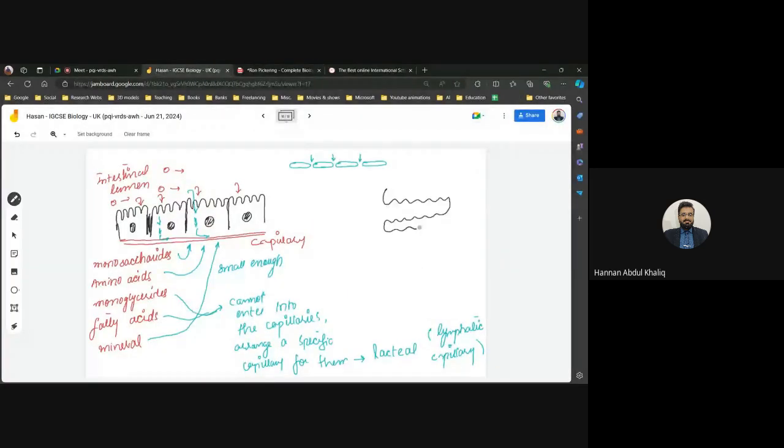The most important part starts here. You have to be very focused now. What actually happens here? Suppose these are the intestines.